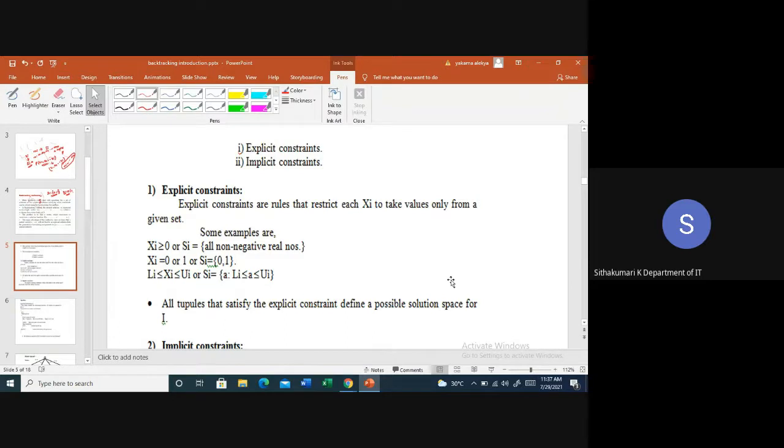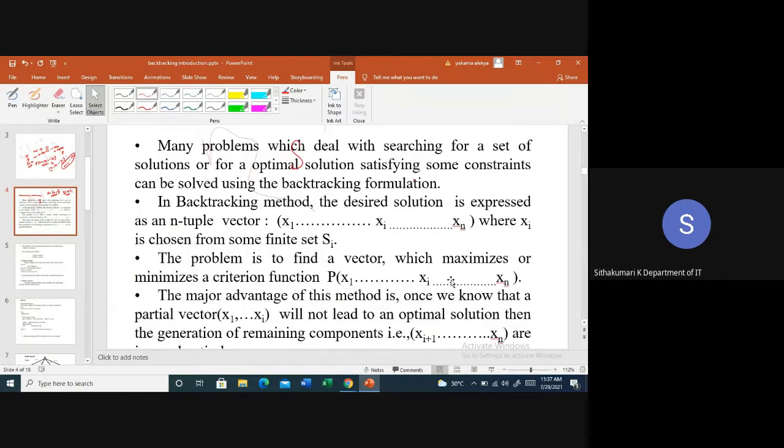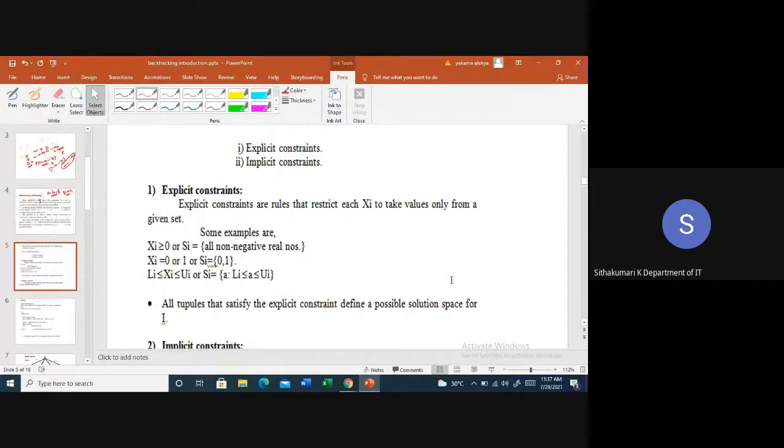As I told you, there are two types of constraints: explicit constraints and implicit constraints. An example of an explicit constraint: xi is greater than 0, so Si will be all non-negative real numbers. Our Si can be 0 or 1, whatever it is.